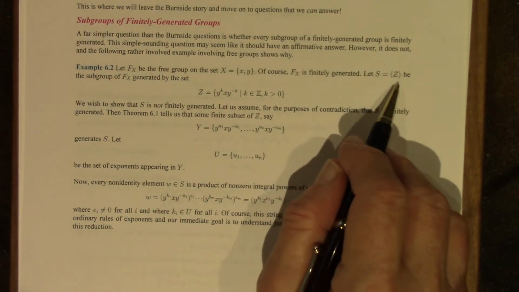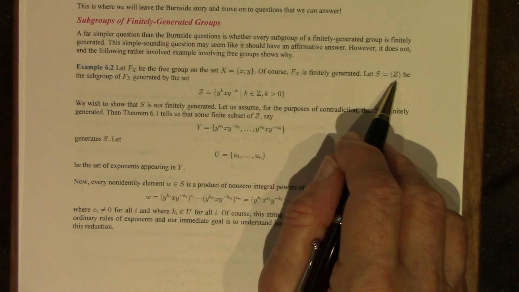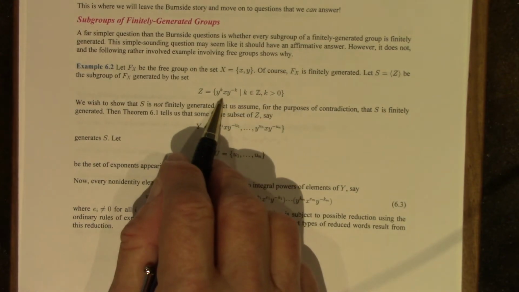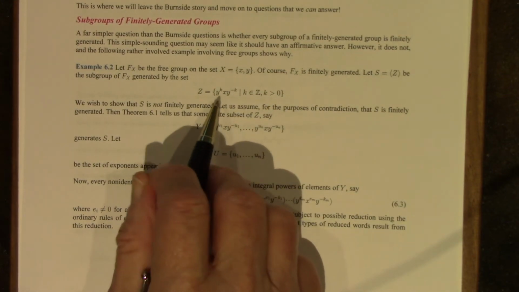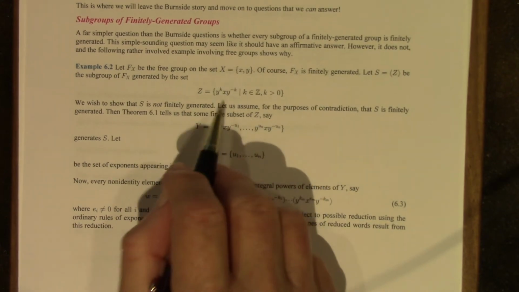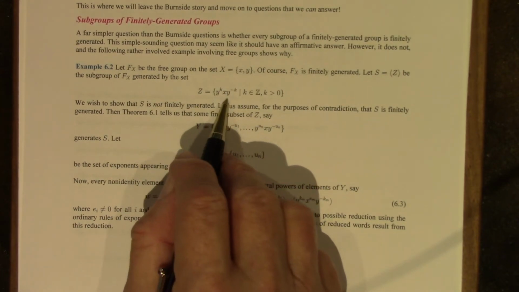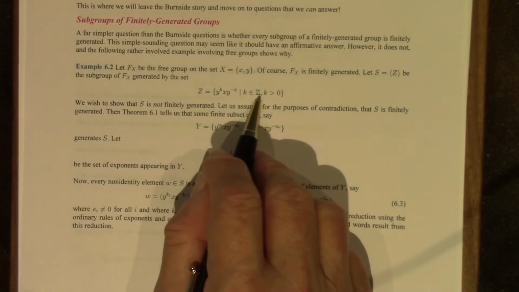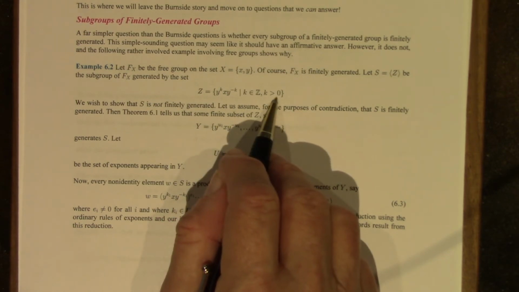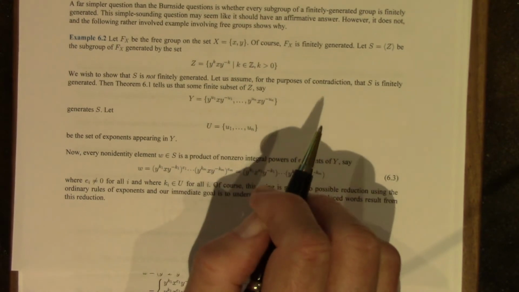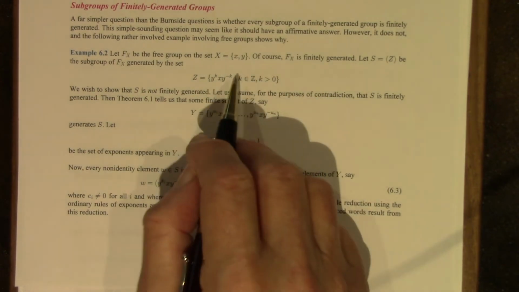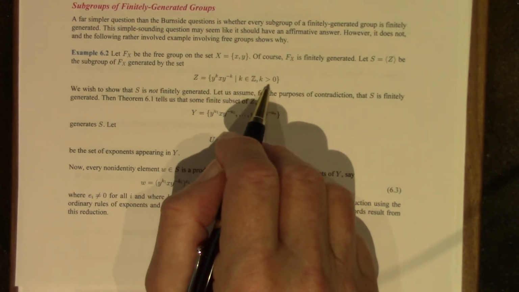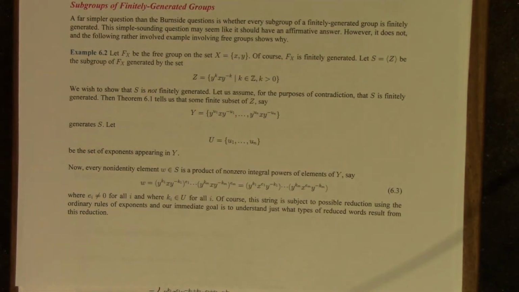Let S be the subgroup generated by this set of words over the alphabet X: y^k x y^(-k), where k is a positive integer. This is an infinite generating set, and we want to show that S is not finitely generated.